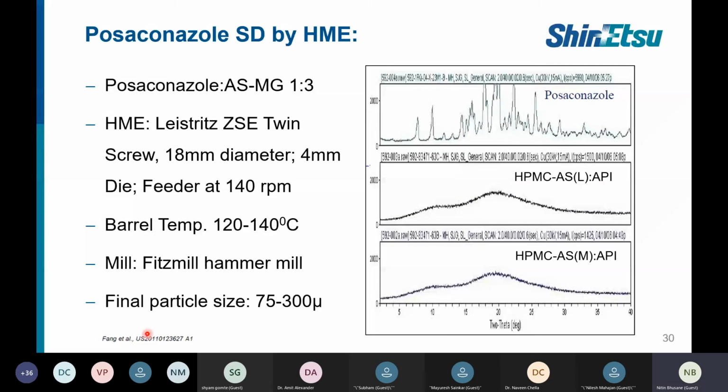As per the patent, they have given examples of two grades of HPMC-AS, that is the AS-L type and the AS-M type. After getting the extrudate, they milled it to get a final particle size in the range of around 75 to 300 microns.